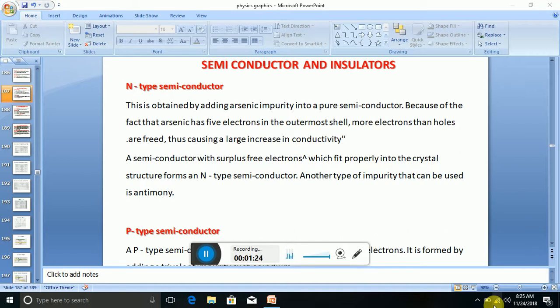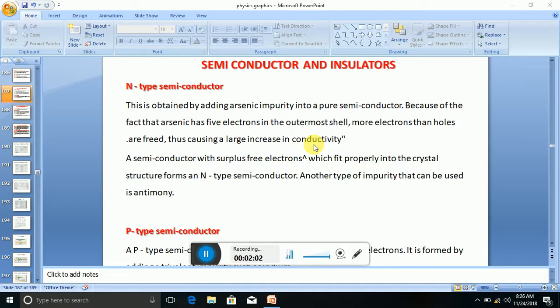So now we look at one type of doping known as N-type semiconductors. We have N-type and we have P-type semiconductors. Number one, we are going to be looking at N-type semiconductors. An N-type semiconductor is obtained by adding arsenic impurity into a pure semiconductor, because arsenic has 5 electrons in the outermost shell.